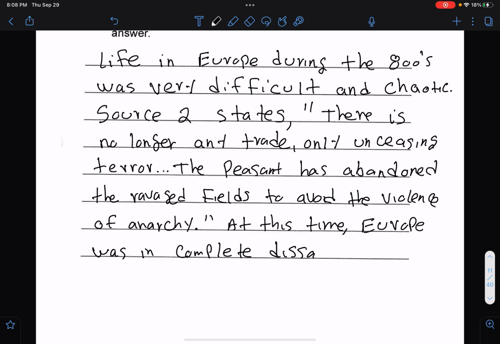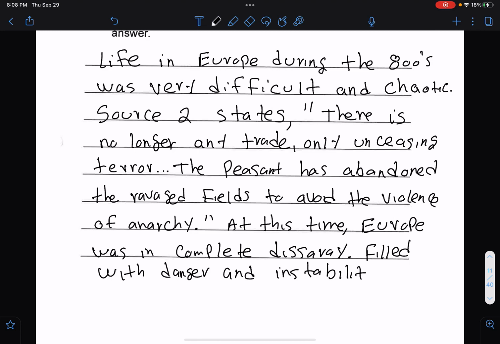Disarray or confusion, filled with danger and instability. Normal life has completely disappeared.